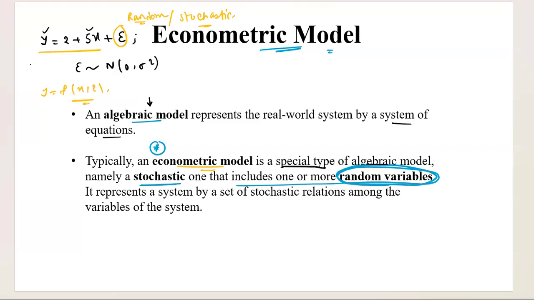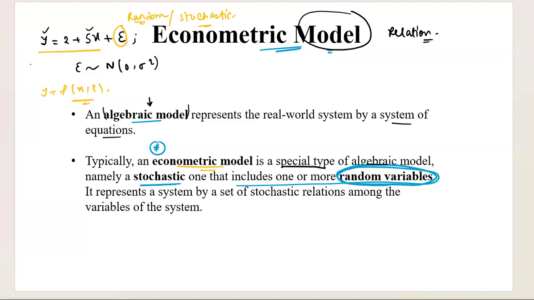So from the theory, whenever you want to model something, you are trying to find out the relationship between variables, or among many variables. So basically, from the theoretical knowledge, if you put something into a system of equations, that will be termed an algebraic model.